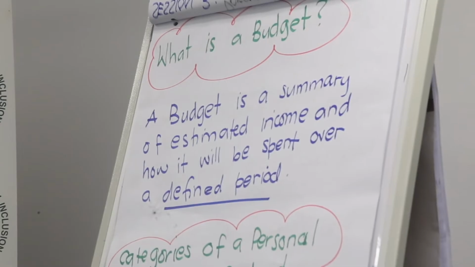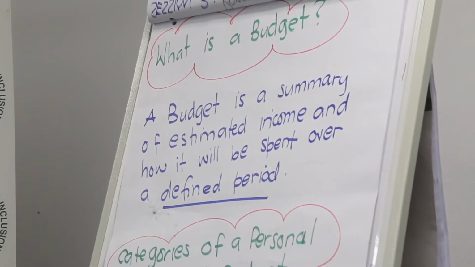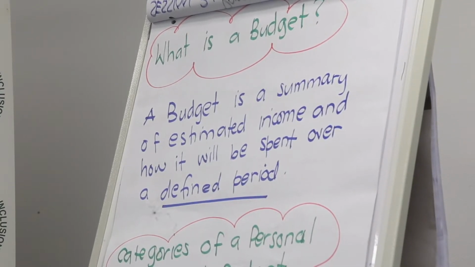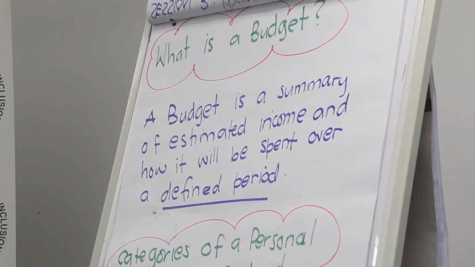The key word here is estimated income. You are required to spend over a defined period of time, so that's another key word. Basically a budget is just a summary snapshot of your money, outlining how best you can manage that fund.